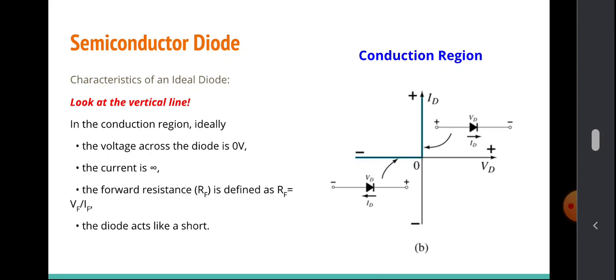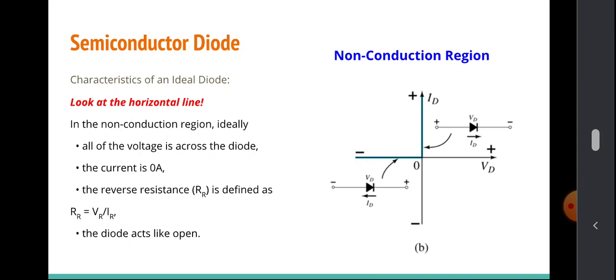The forward resistance, R sub F, is defined as R sub F equals V sub F divided by I sub F. The diode acts like a short. Okay, so that is for the ideal diode.